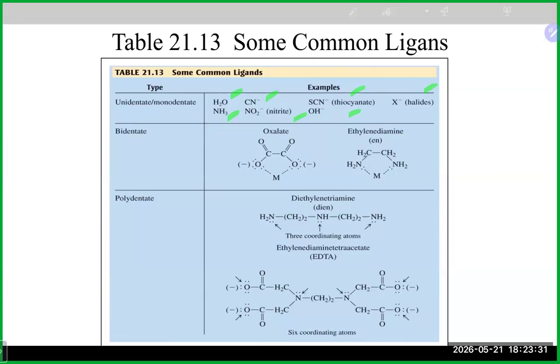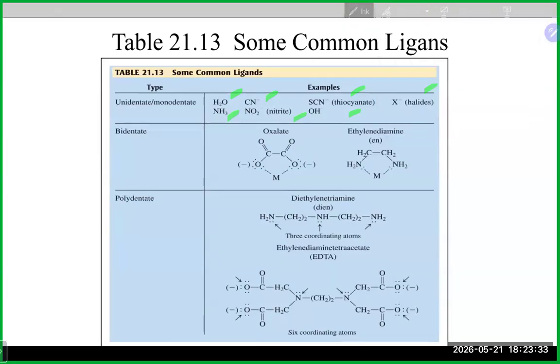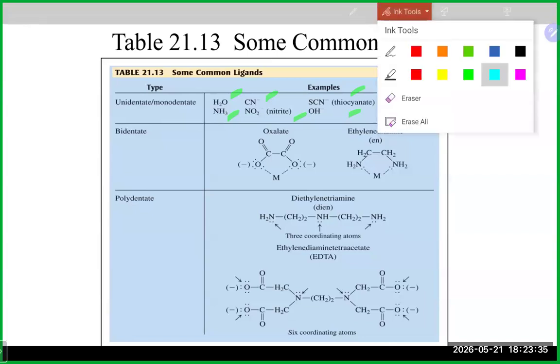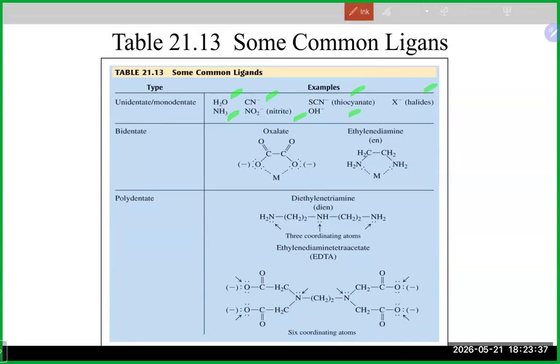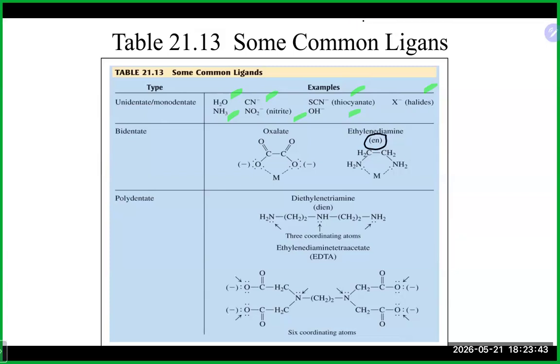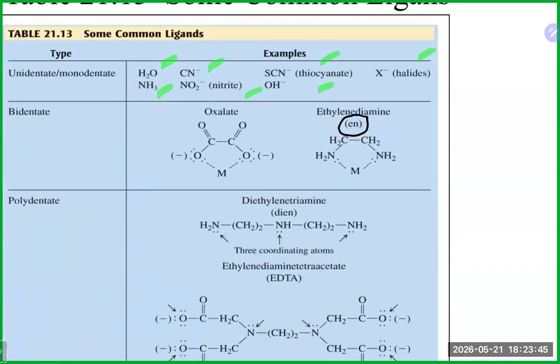There's our 2 very common bidentate ligands, our oxalate and our ethylenediamine, which once again is very often abbreviated with just that en. By the way, that abbreviation en is used both in formulas and actually names as well. People don't like to write out that big old name a lot of times, so you will see that en abbreviation used both in the formula and also the name very commonly.